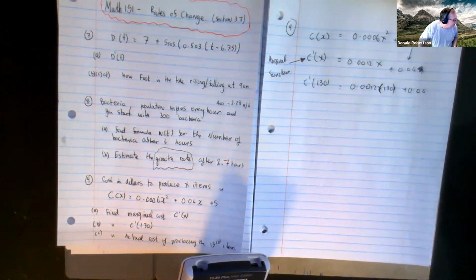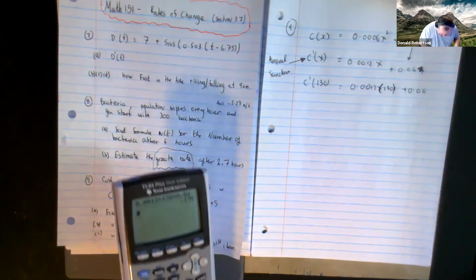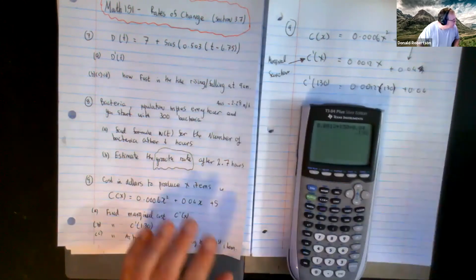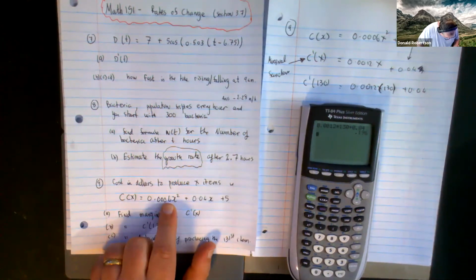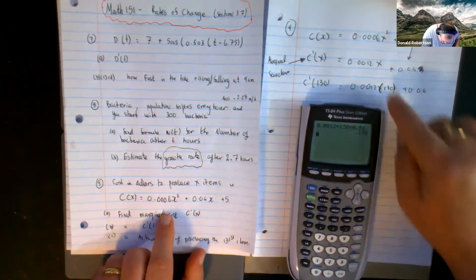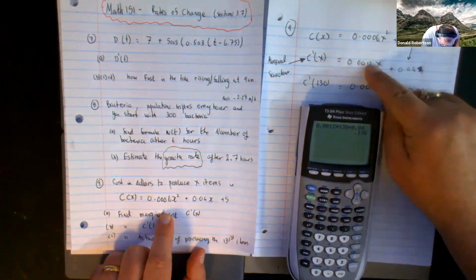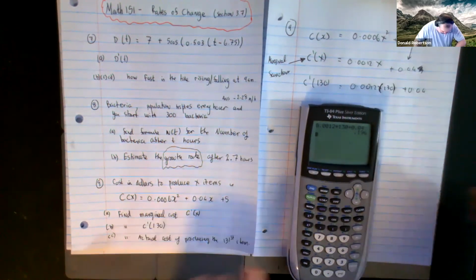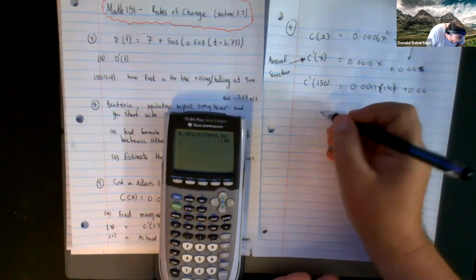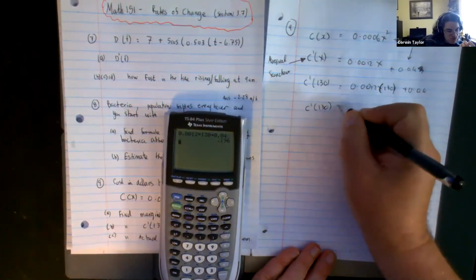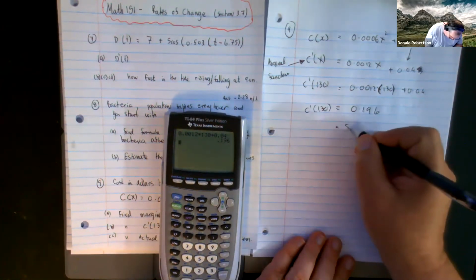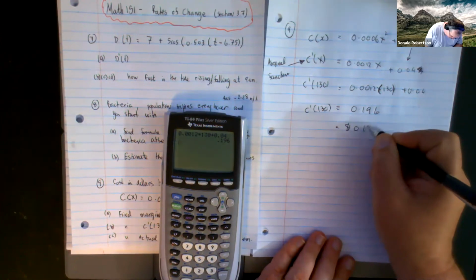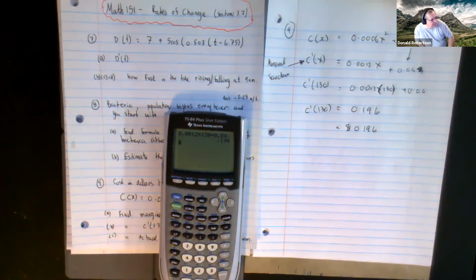I am not getting the answer I got the first time I did this. What on earth have I done wrong? Let me check the question. Wrote it down right? Yep. Differentiate that right? Yep. Okay. I wonder if I wrote the wrong answer the first time. Then I get 0.196, which is just a little under 20 cents, isn't it?